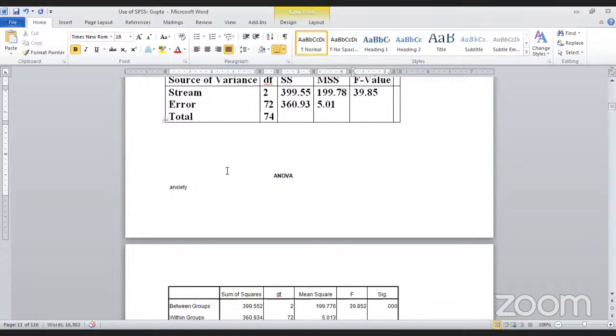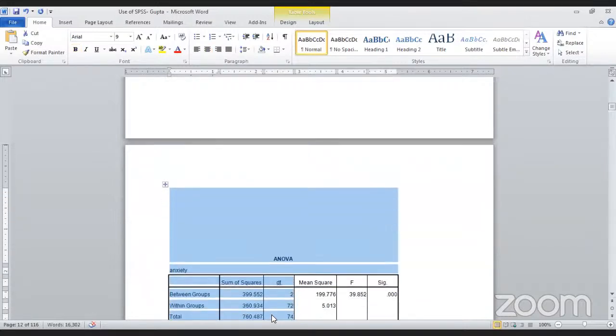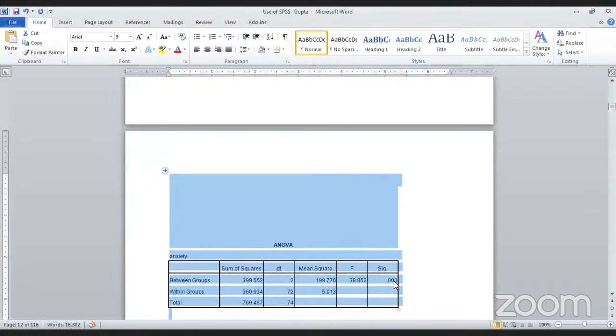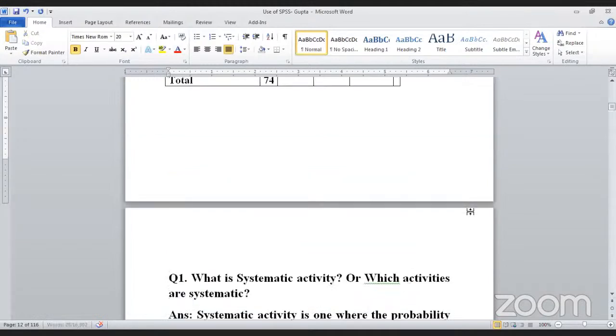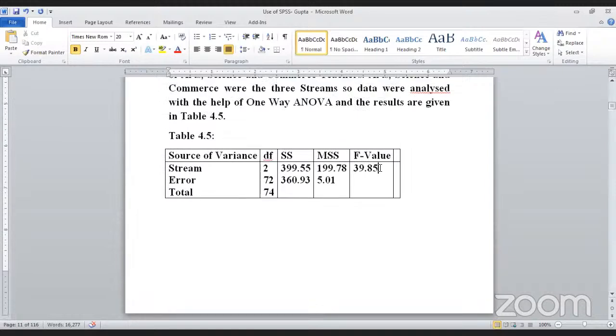Now how these values come, let me explain to you. In this table, the value is significant at 0.000, so I will write 0.01. You need not have any other information out of this. If you want, you can write a double star here, and below you can say significant.